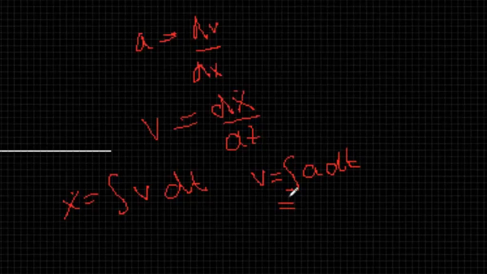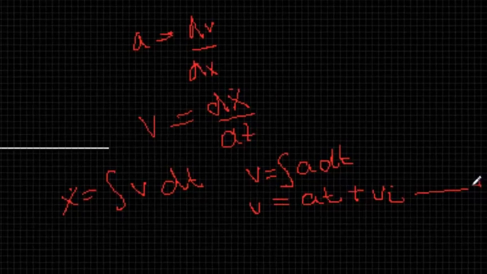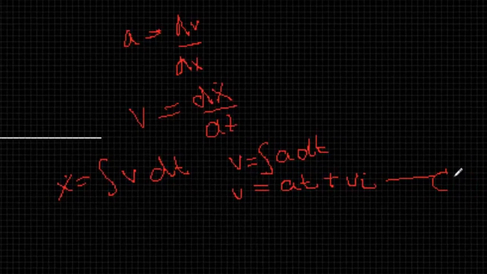Assuming that the acceleration is constant, this would be at, a times t, that's acceleration times time, plus initial velocity, that's v0. That's a very important equation. Let's call it equation number 1.